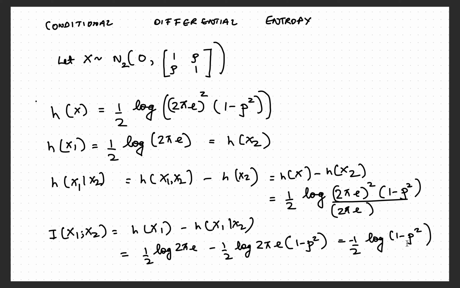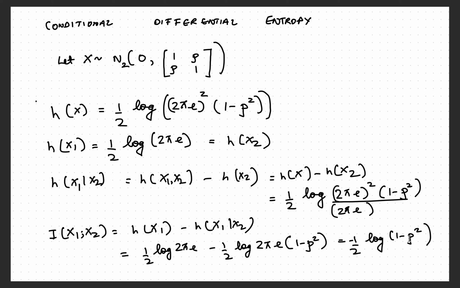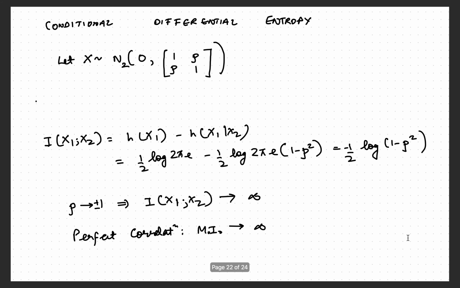Now what happens when rho tends towards plus or minus 1? We'll have a perfect correlation in such a case. And in that case, logarithm of 1 minus rho squared would be logarithm of 1 minus 1, logarithm of 0, which tends towards minus infinity.